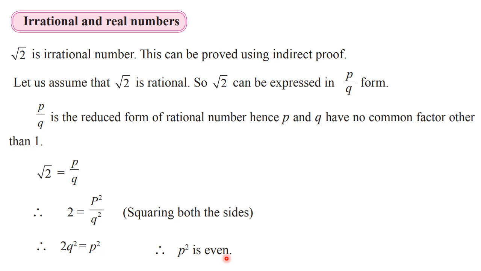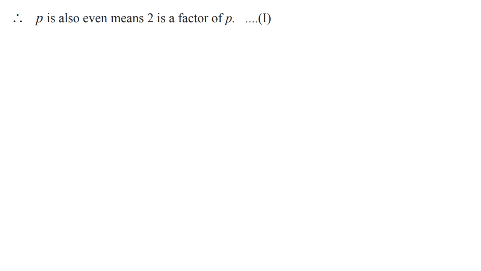In the very first chapter, I told you to write down the squares. 1 square is 1. 1 is odd, the square is also odd. 2 square is 4. 2 is even, and 4, its square, is also even. So the square of an even number is even. Therefore, we can say that the square root of an even number is also even. So, if p square is even, then p is also even.